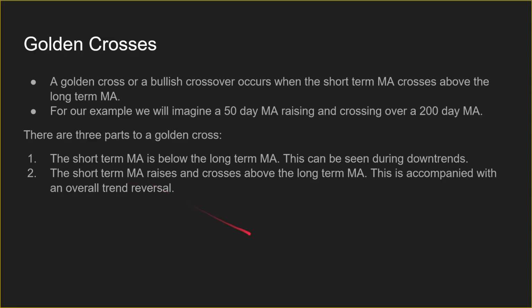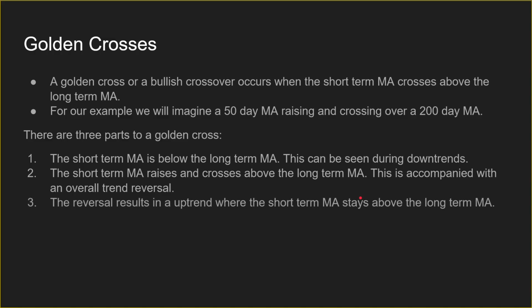The short-term moving average will rise and cross above the long-term moving average. Now, this is accompanied with an overall trend reversal to the upside. Finally, the reversal results in an uptrend, a clearly defined uptrend, where the short-term moving average stays above the long-term moving average.